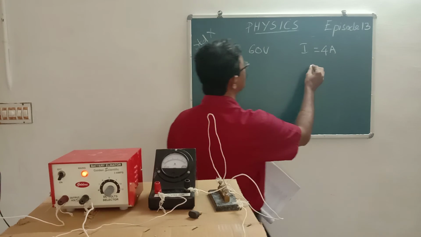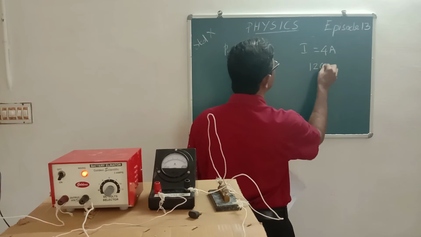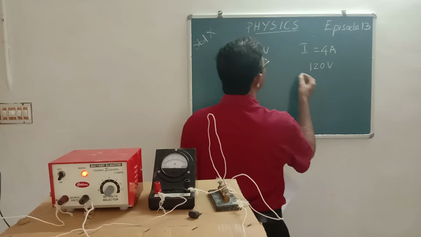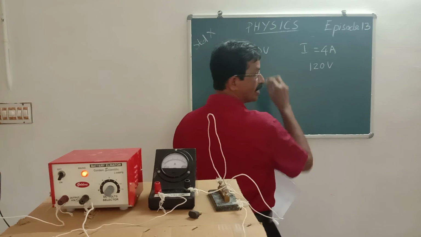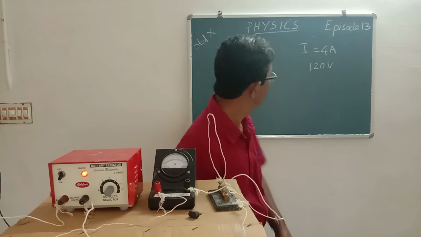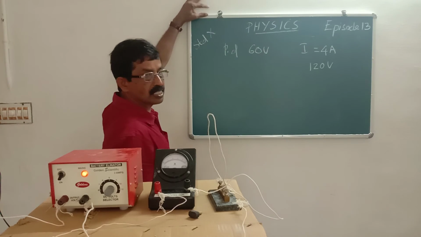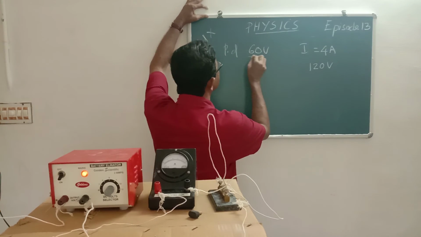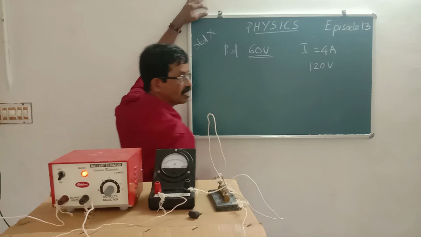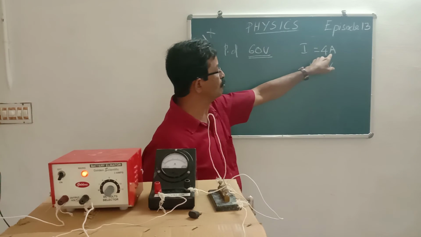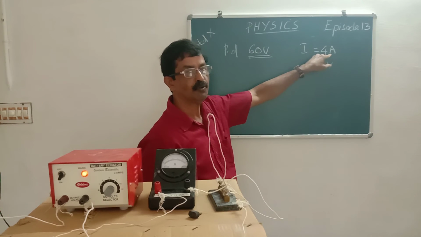See, at first the potential difference is 60 volt and the current through it is 4 ampere.